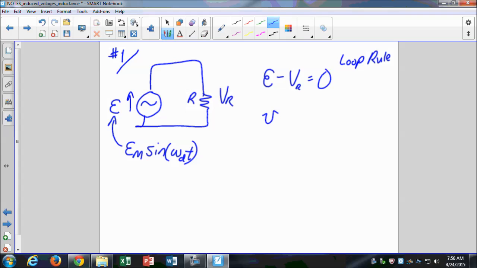Then I can define VR as equal to this EM sine omega dt. I'm going to use a little v here. This just refers to the voltage at any particular time. So if I were to plot out the voltage, the maximum would be this VR here, where this is the maximum value. But this little lowercase v is just going to be the voltage at a particular time. Right? So it's a function of t.